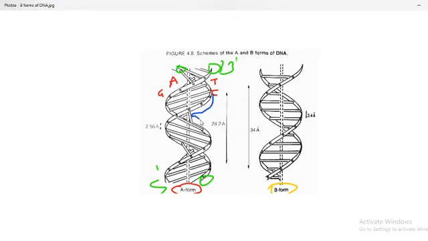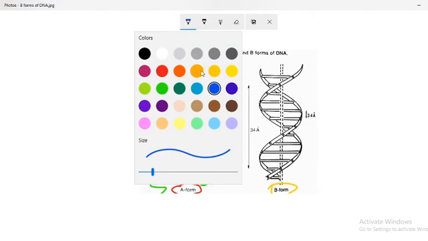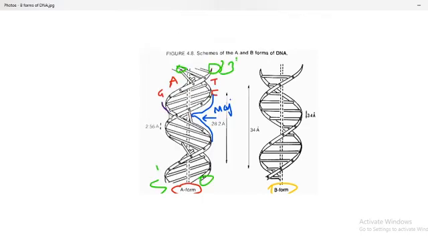See here, a narrow and deep groove is called the major groove, whereas a small groove formed due to the helix is called the minor groove.